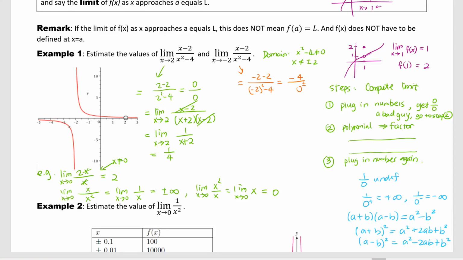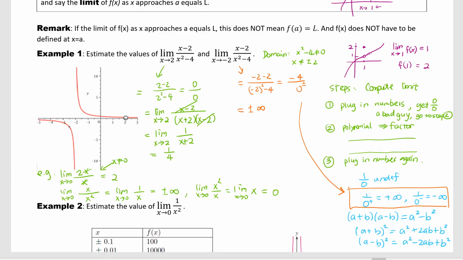A constant over 0 is going to be either positive infinity or negative infinity, depending on which side you're approaching -2.